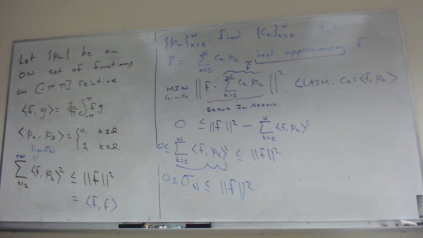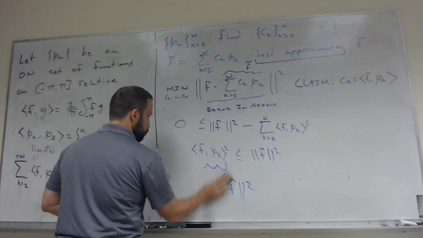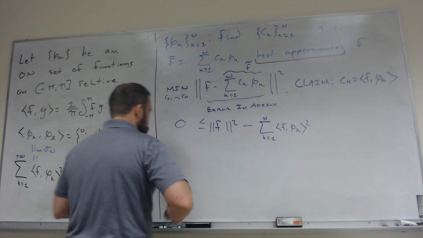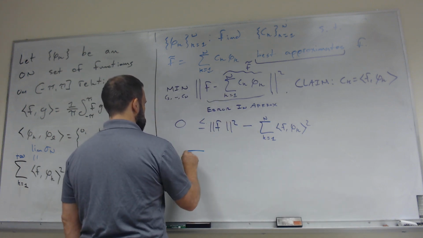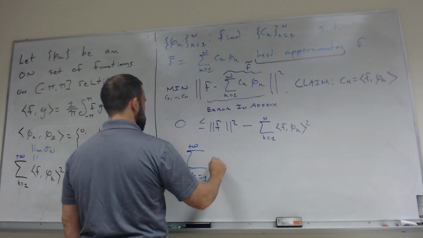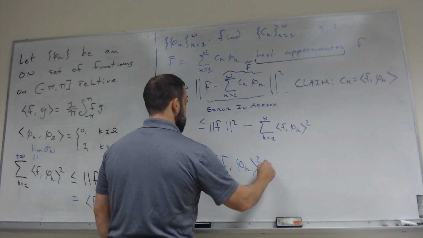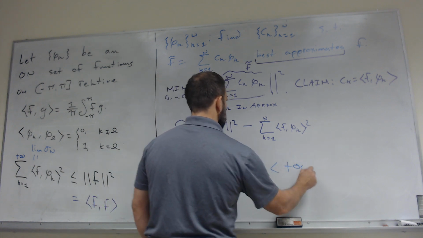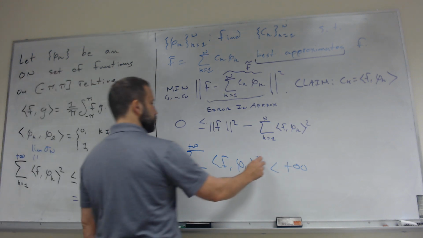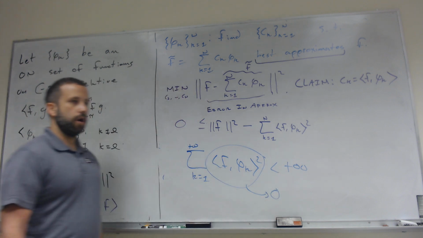Okay, now where we're going to use this. How are we going to use this when we prove convergence of Fourier series? Well, if I know that the sum k equals 1 to infinity is less than infinity, in other words, it converges, then by the test for divergence, this tells me that each one of these terms goes to 0.